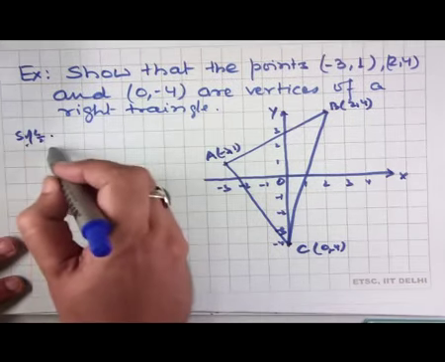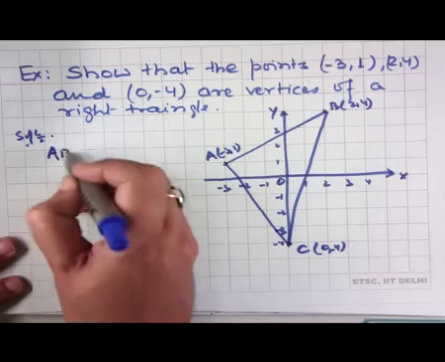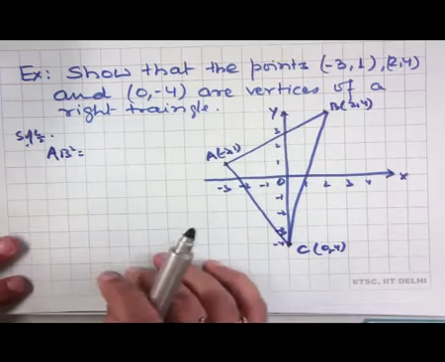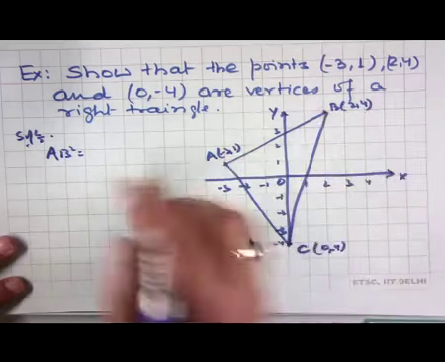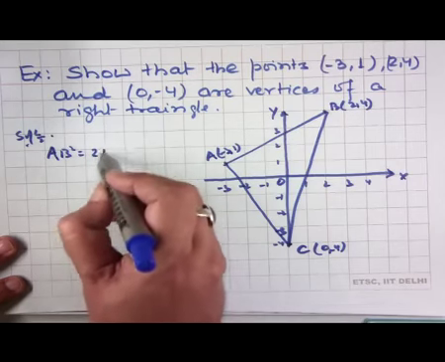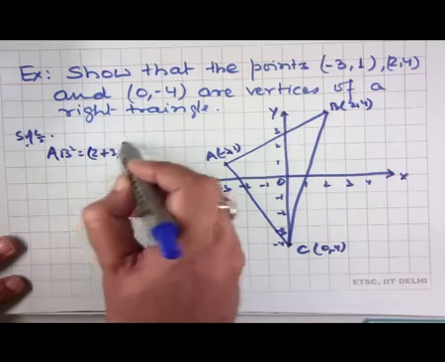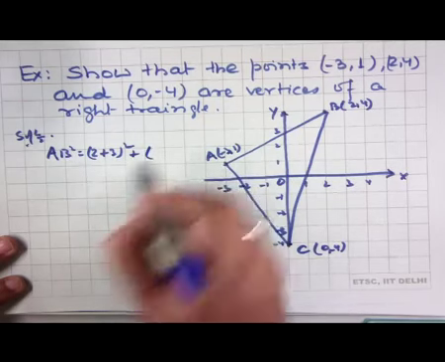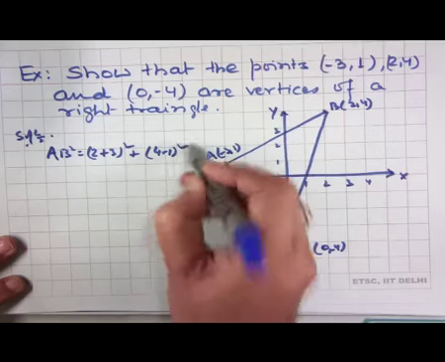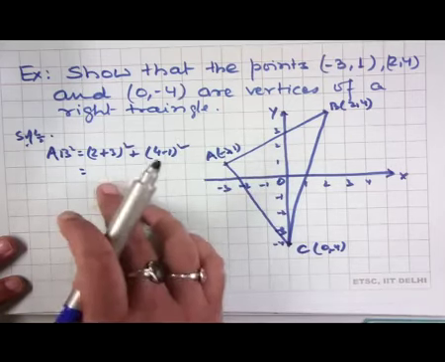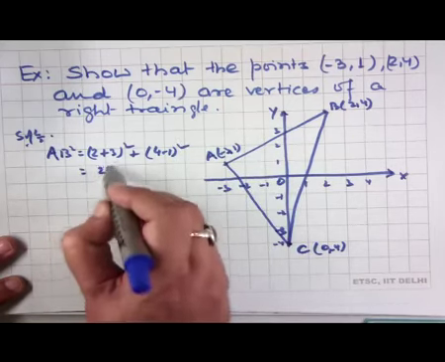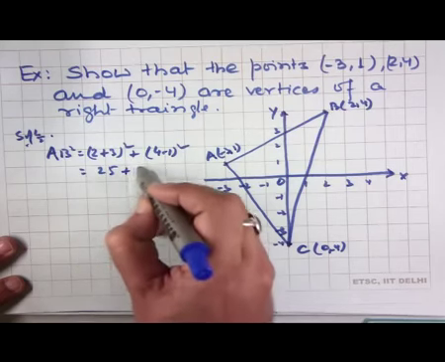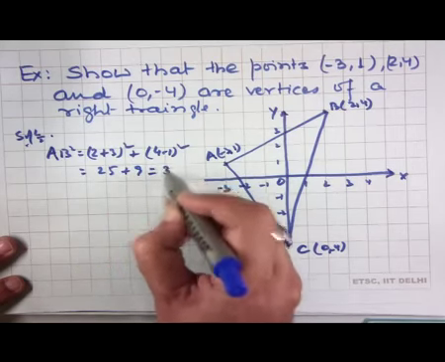By using the distance formula, AB square is equal to (2 plus 3) whole square plus (4 minus 1) whole square. It means 25 plus 9 equal to 34.